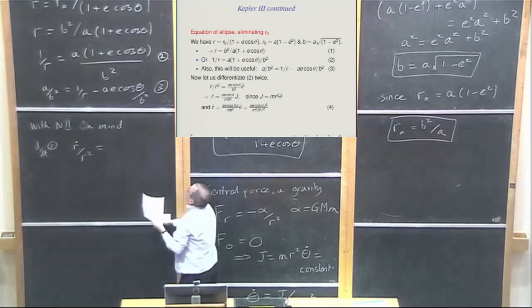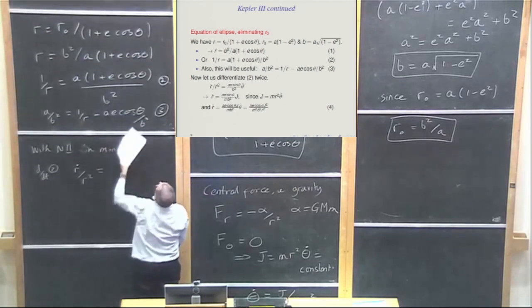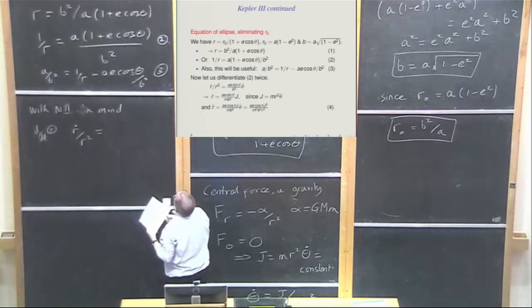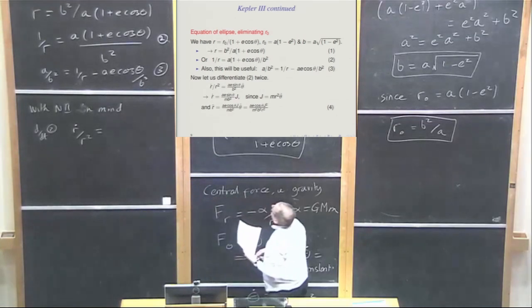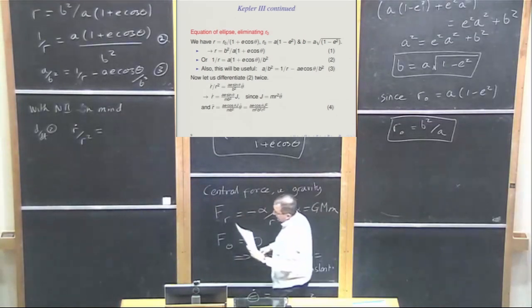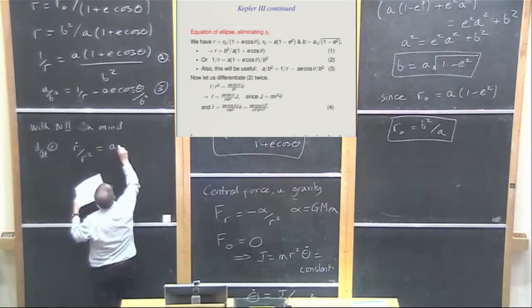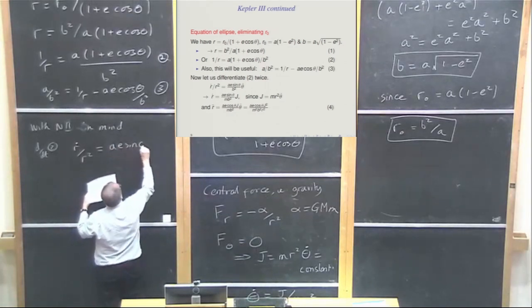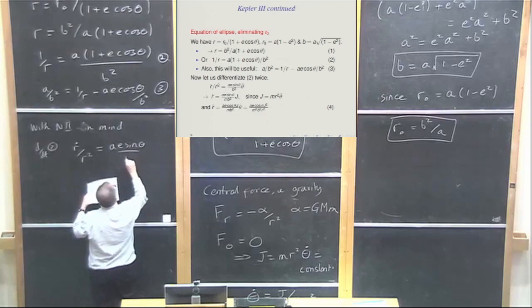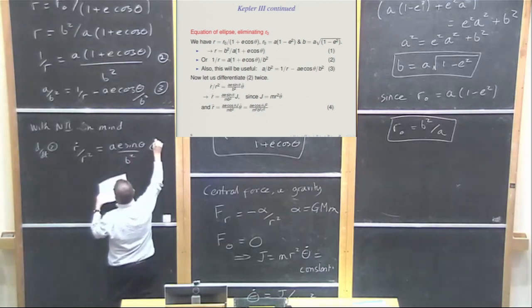So this is a constant, we just need to differentiate that. We get minus A E sine theta theta dot over B squared. And cancelling the minus signs, we get A E sine theta over B squared theta dot.